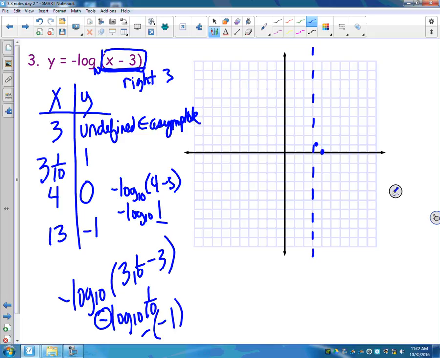At 4, it's going to be at 0. And all the way out here at 13, this is 10, 11, 12, 13, it's going to be at negative 1. Now this one definitely doesn't look like our last one, but that's because of this negative. It's reflected. It still has that vertical asymptote, but now it's pointing up. And then this side is going to come back. And again, we've just flipped that over, which is why understanding those transformations is so important.